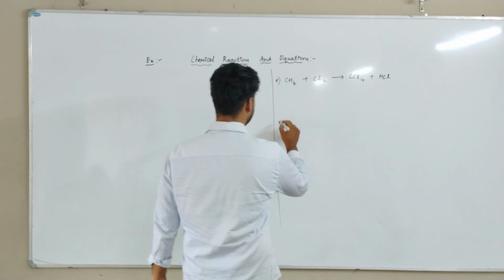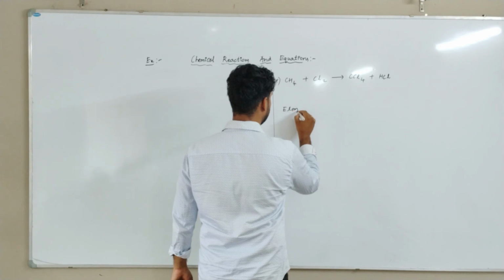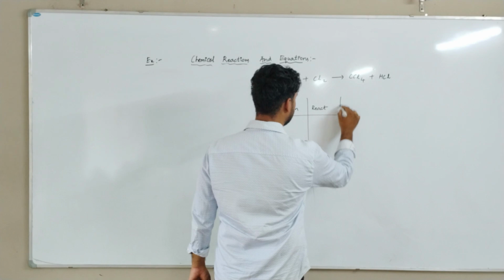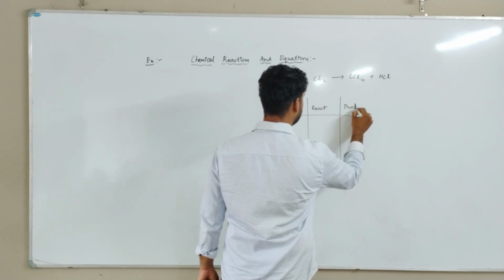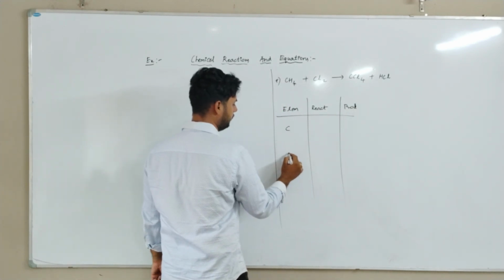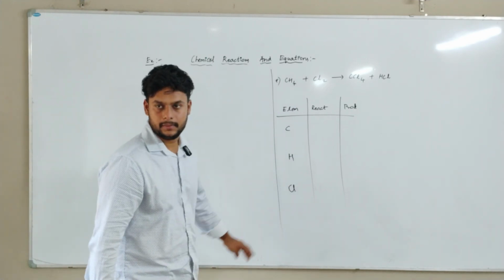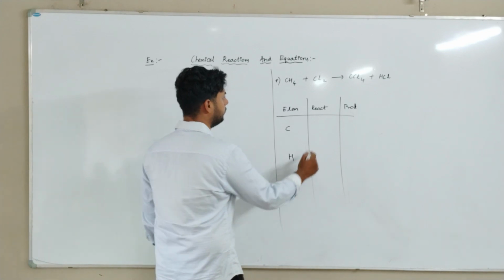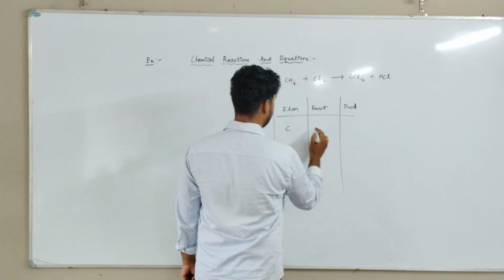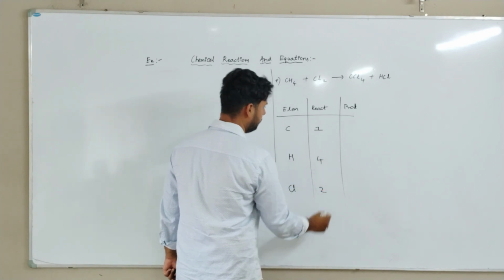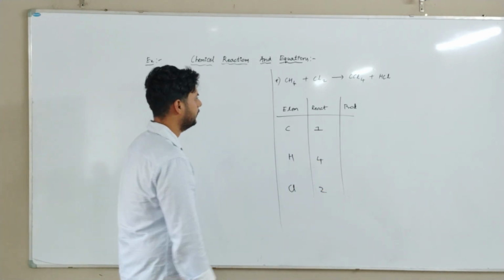The elements, reactants, products, C, H, Cl. Okay, stop writing Cl. C1, H4, Cl2. Correct?